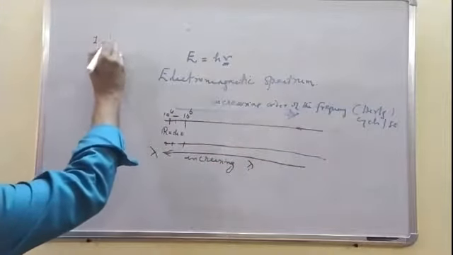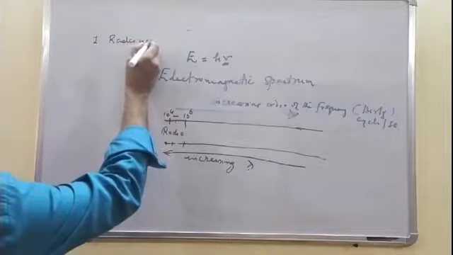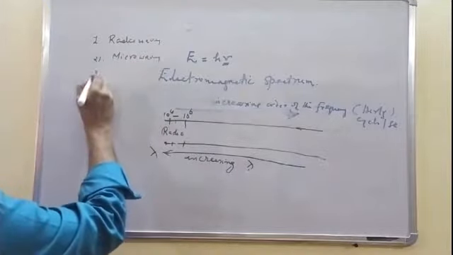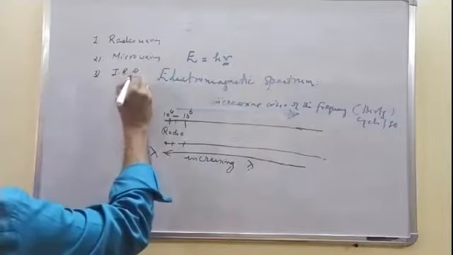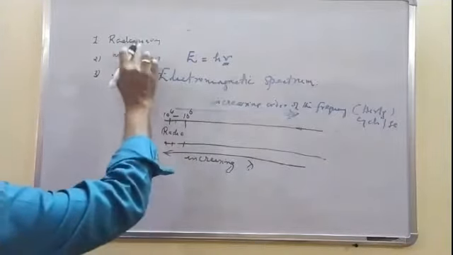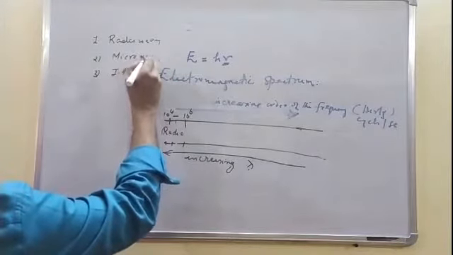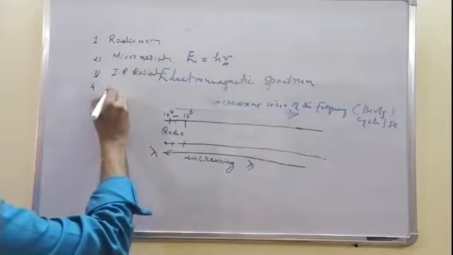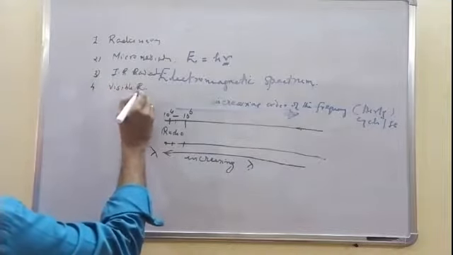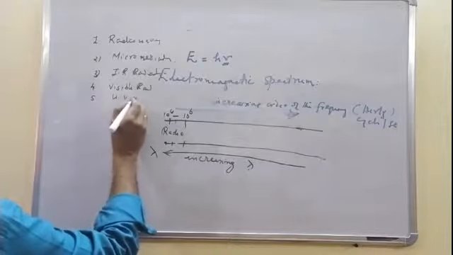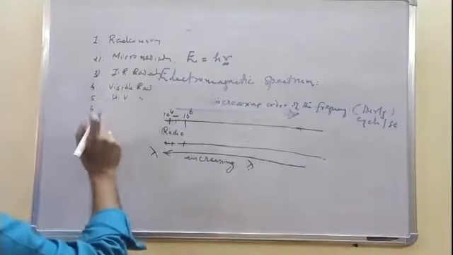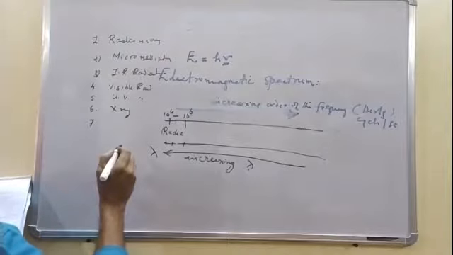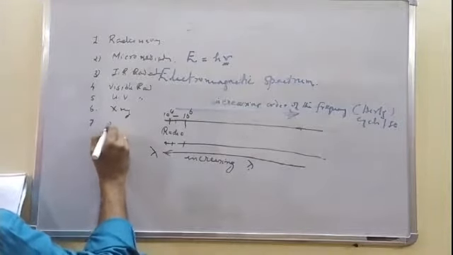There are: 1, radio waves; 2, microwaves; 3, IR radiation; 4, visible radiation; 5, ultraviolet radiation; 6, X-ray; and 7, finally gamma rays.